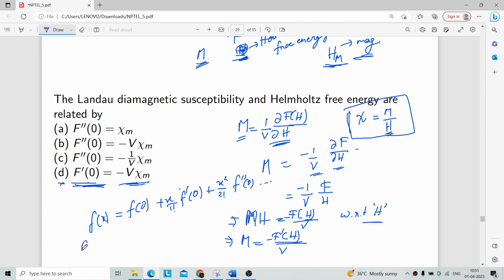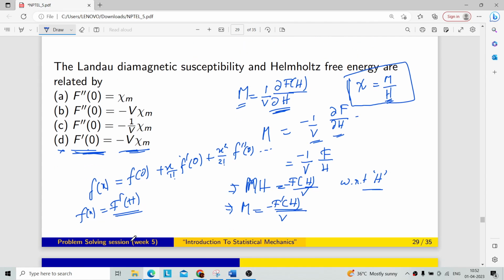Now my f of x is this F prime H. Then I need to Taylor expand this F prime H around H equal to 0.